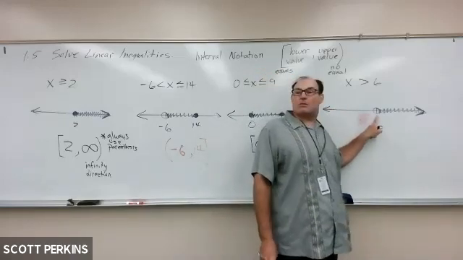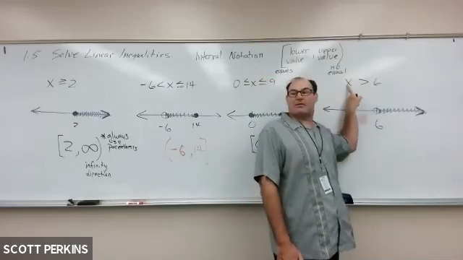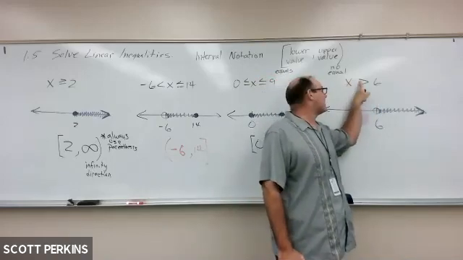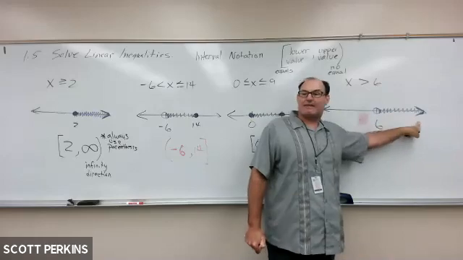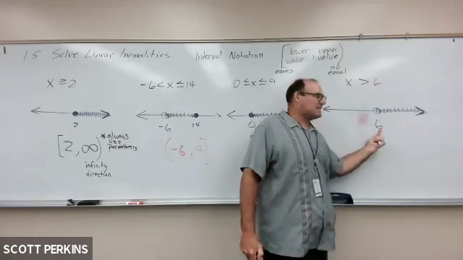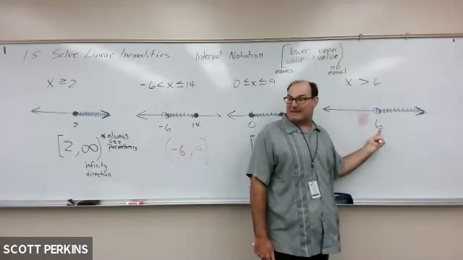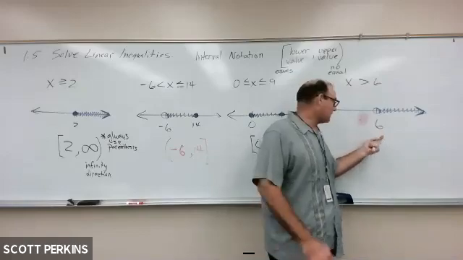Where the 6 is and where I'm shading, all of my values, all the things that I'm looking for, the X's are bigger than 6. So we shaded on the bigger side. So does that make 6 the lowest value or the highest value? The lowest.